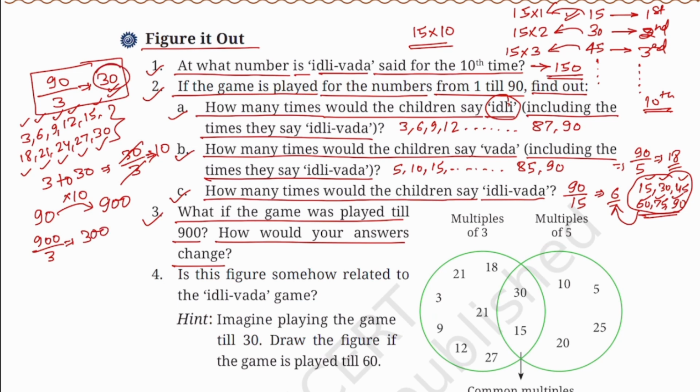The second one, 900 divided by 5, that is 180 instead of 18. And the third one, 900 divided by 15. The answer will be 60 instead of 6.